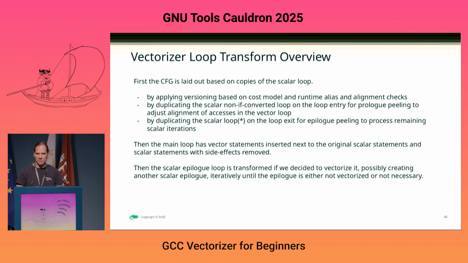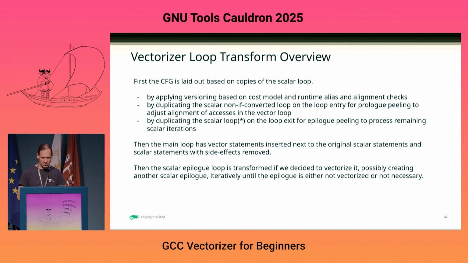So only when we commit to actually vectorizing something, we are changing the IL. We are doing the loop copying for the epilogues and the prologues, and we are inserting the vector statements. We remove the scalar statements with side effects, and all the rest of the scalar statements get elided by dead code elimination later. So we are not bothering to clean up there.